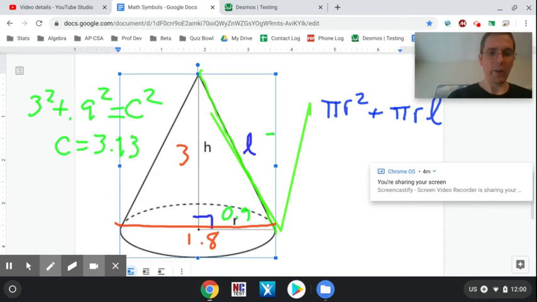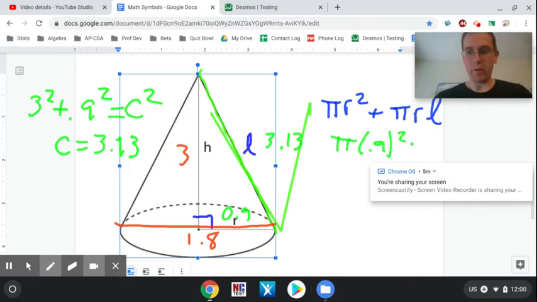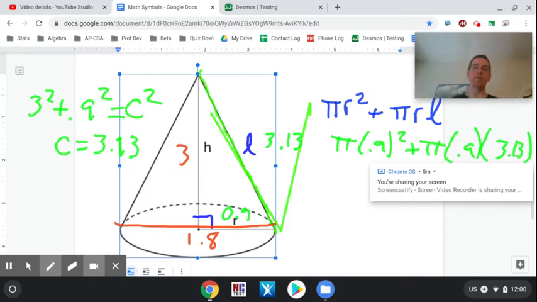So now I'm ready to use my formula, and I can plug in pi. My radius is 0.9 squared plus pi. Radius again is 0.9. And then slant height, 3.13.